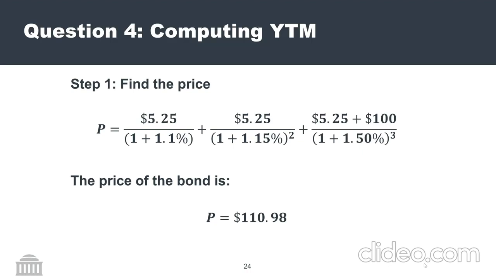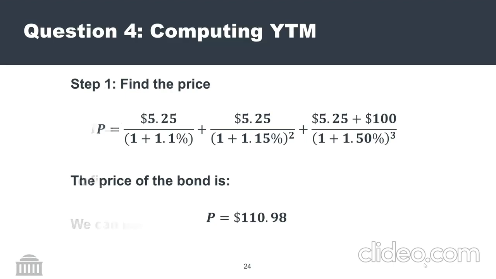And so at the end of year 1, we get $5.25. At the end of year 2, we get another $5.25. At the end of year 3, we get the last coupon, again $5.25. And at the same time, we get the face value payment from the bond. That's another $100. And so we're discounting each of these payments using the corresponding spot rates to present. And this gives us the price of the bond of $110.98.